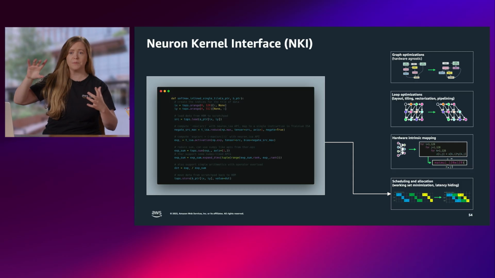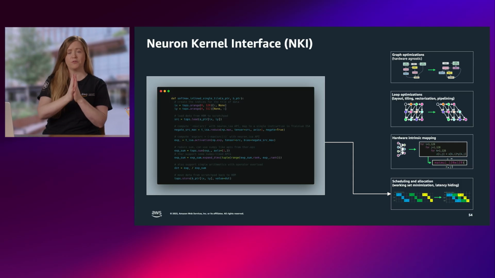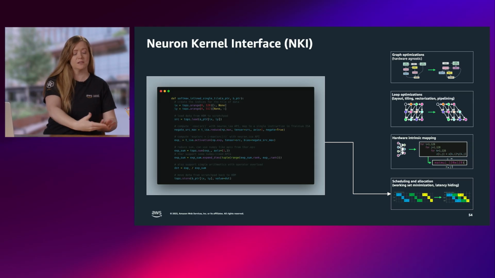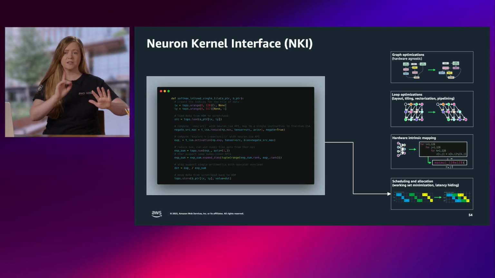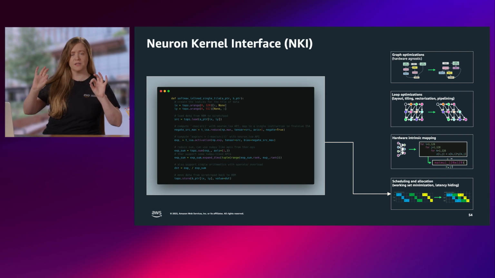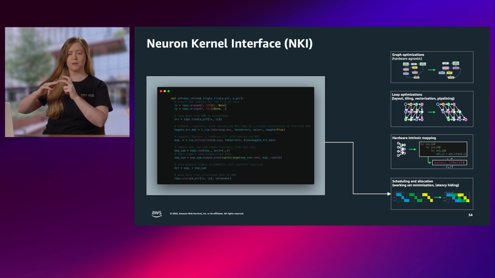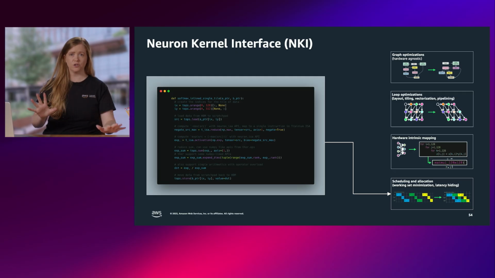So you accept the compiler's decisions for the graph optimization, for the loop optimization, which means the layout of your tensors, the tiling through your tensors, the vectorization, that hardware intrinsic mapping, and then eventually the scheduling and allocation. Most of the operations in your model, you're just going to accept those directly from the compiler. Why? Because it's so much more efficient to just use the instructions and use the layout decisions made through the compiler. It's faster for you, it's faster for your program.